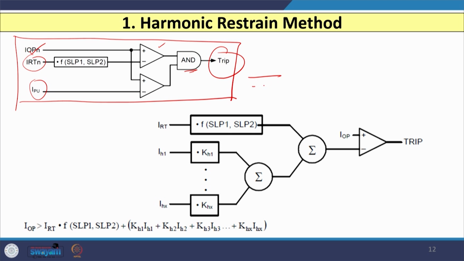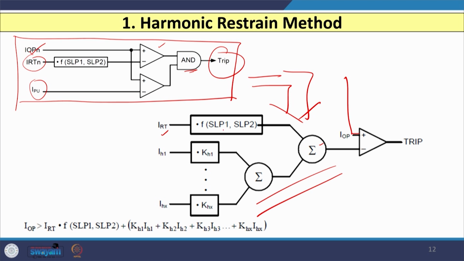However, if I wish to use the harmonic restraint method, then you can see that I have one operational amplifier and one input is from operating current IOP, the other input is given from this whole logic. In this case the restraining current is given to one summation block through the slope values, and the other two values you see are added to the restraining current.